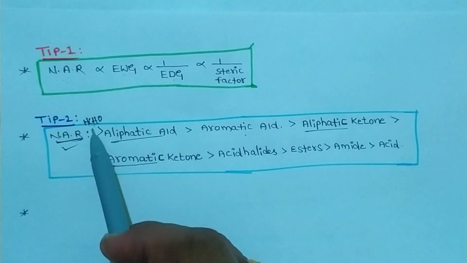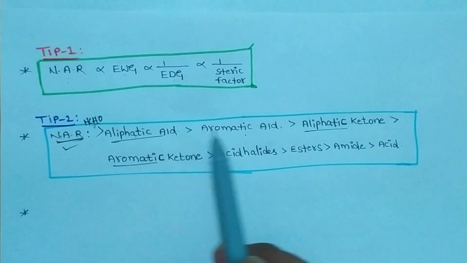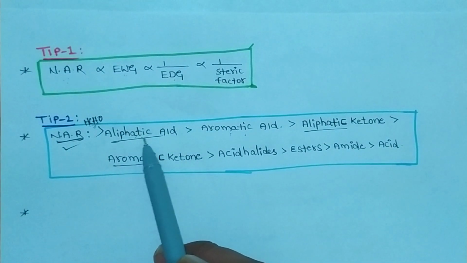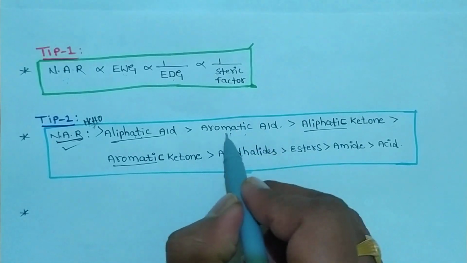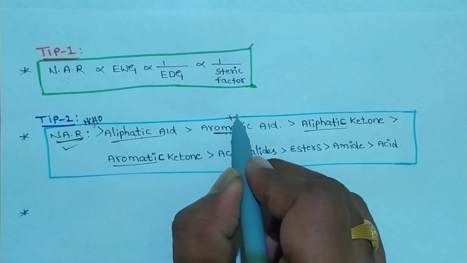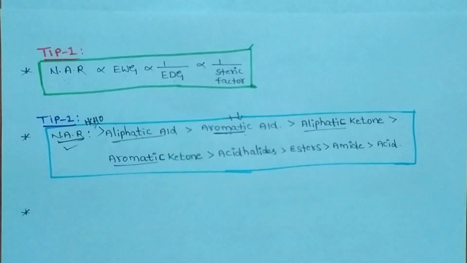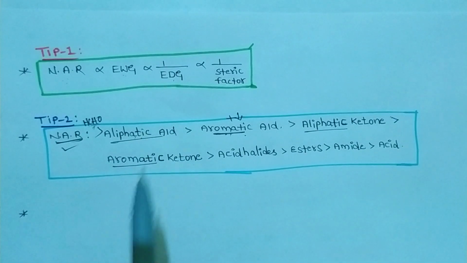So attacking of the nucleophile is easy, and formaldehyde is more reactive compared to the remaining aldehydes. Aliphatic aldehydes are more reactive than aromatic aldehydes because the presence of the aromatic ring decreases the positive charge on the carbonyl carbon. So aromatic aldehydes are less reactive than aliphatic aldehydes.